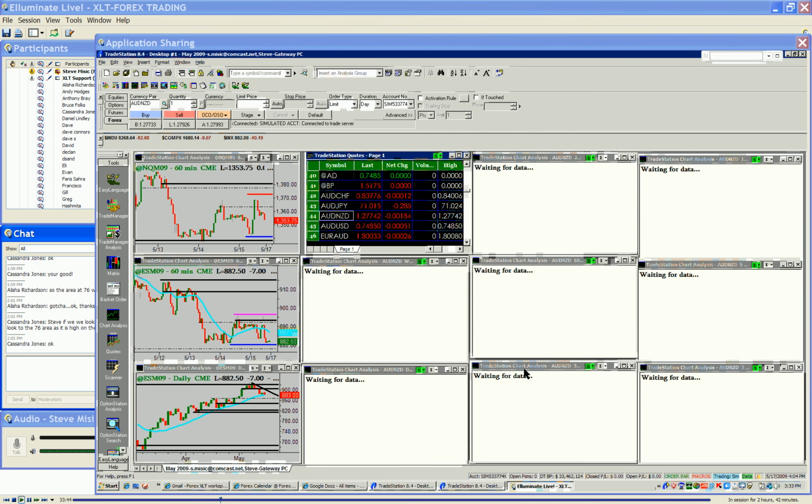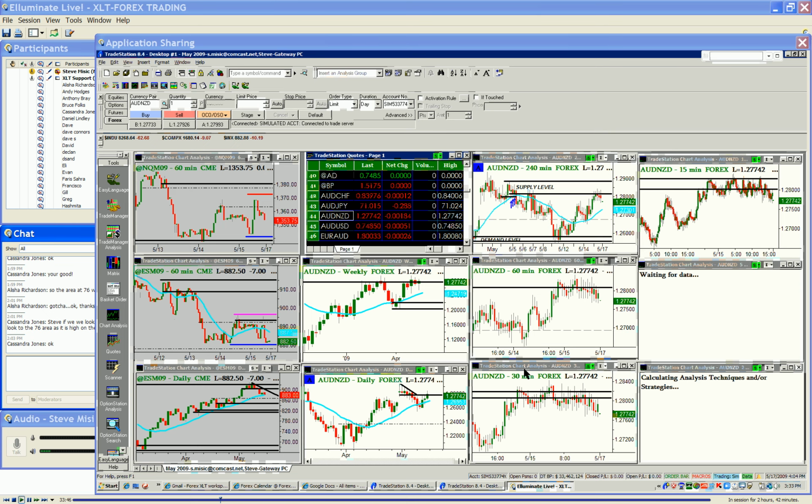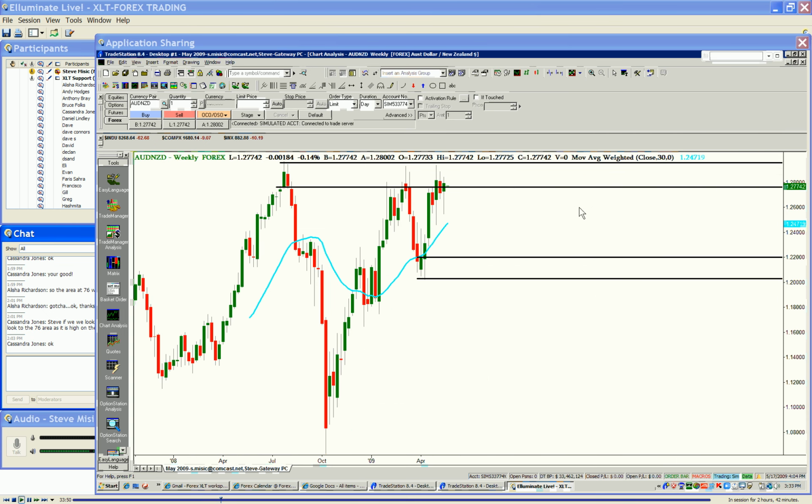So here we move on to the Australian now versus the New Zealand. And again, we said this one's one of those currencies where interest rate differential doesn't mean a whole lot. And so we're actually basing up here and really stuck by this high time frame supply and just going nowhere, absolutely nowhere, in some kind of a symmetrical triangle kind of pattern.